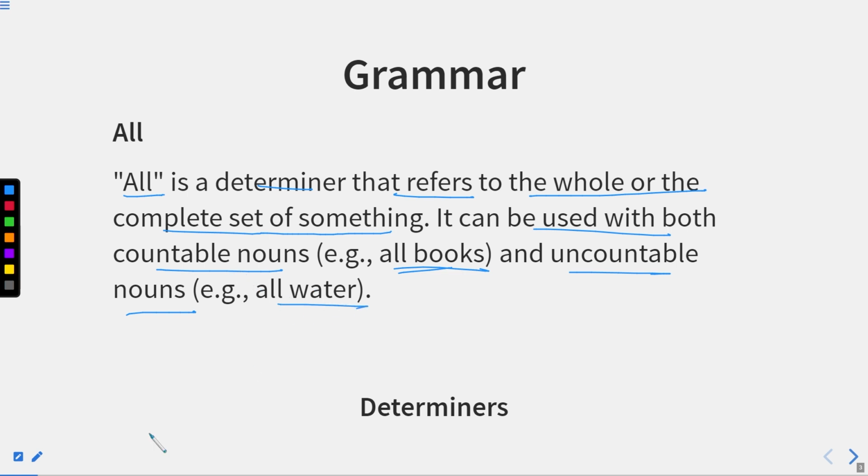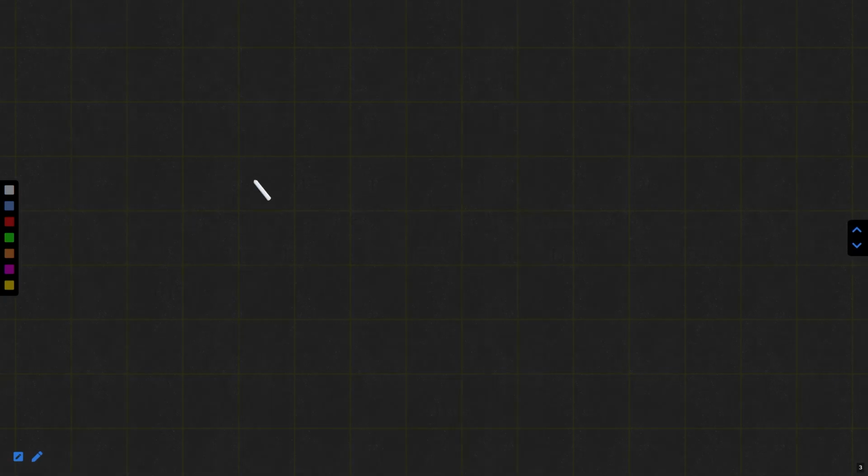Now, there is something very important about the determiner all. Let me discuss this in brief. Suppose we have all. Now, all can be used with two things. Whether it can be used with a countable noun or an uncountable noun.